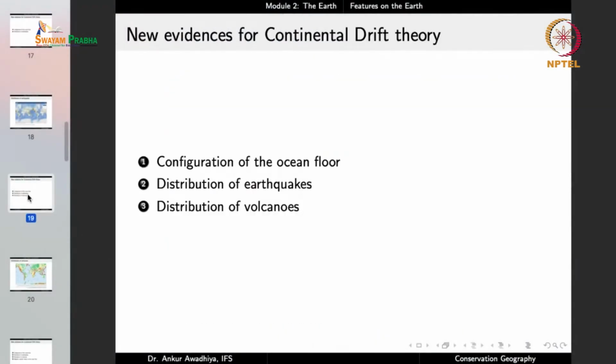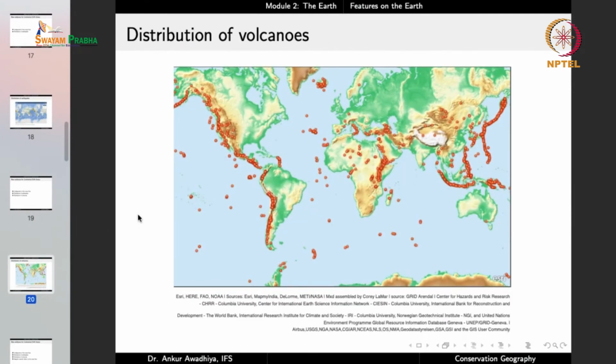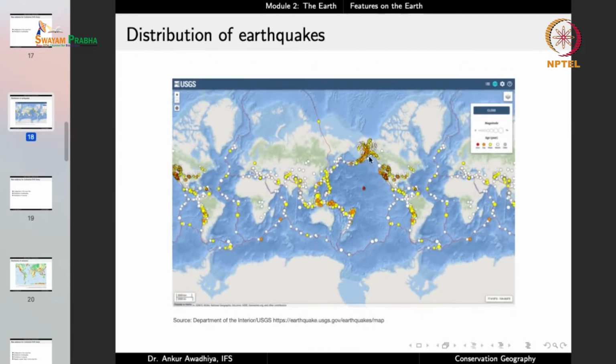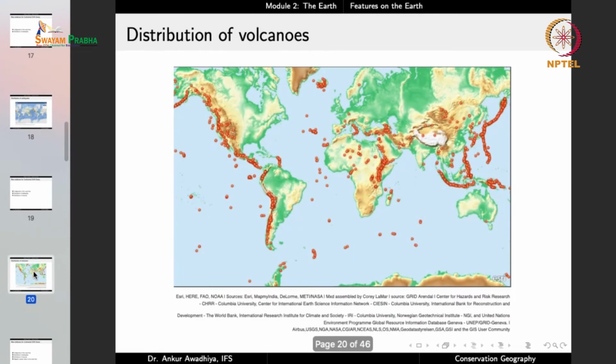Similarly, if we looked at the distribution of volcanoes, here again we'll find a very similar thing, that you have volcanoes that are along certain lines. Now if you look at these lines and compare them with the earthquake lines, here we can observe that in North America and South America, you have the western edge that is lined with earthquakes. If you look at this image, the western edge is also lined with volcanoes.